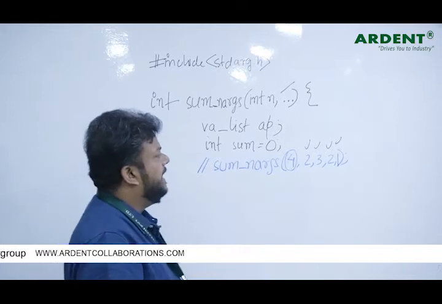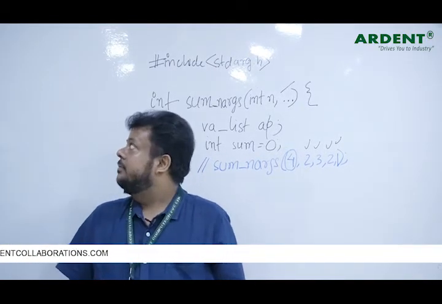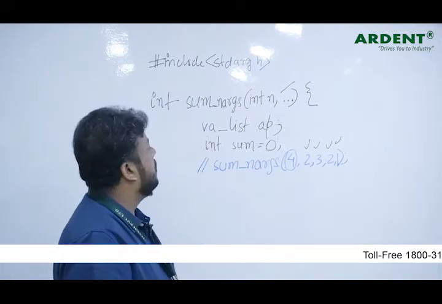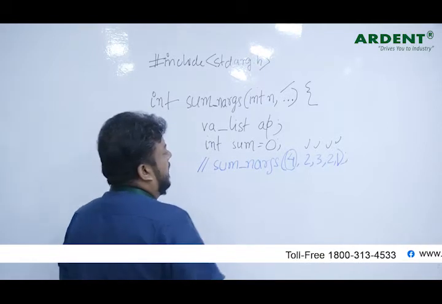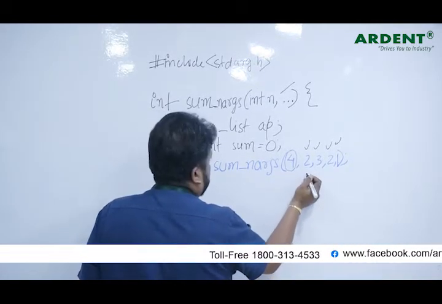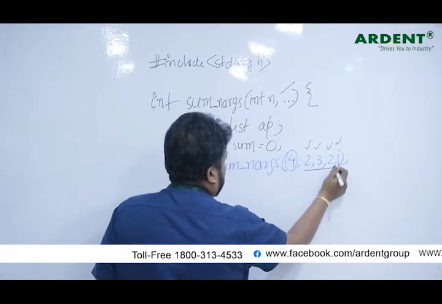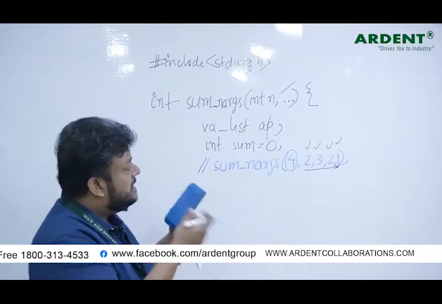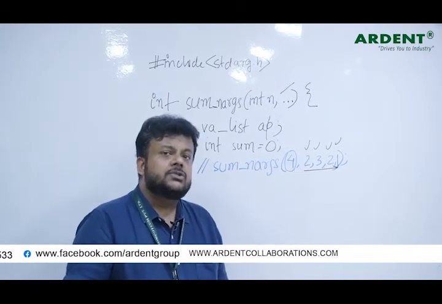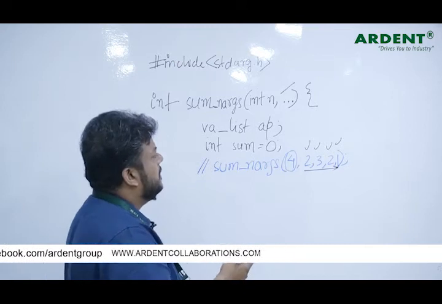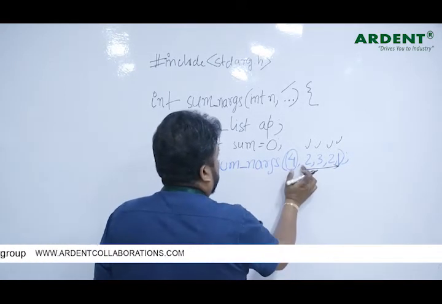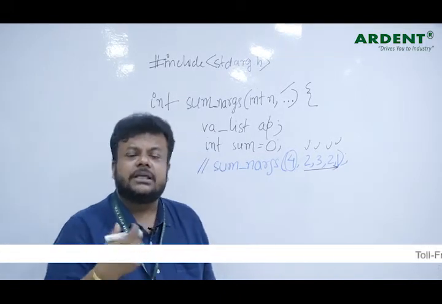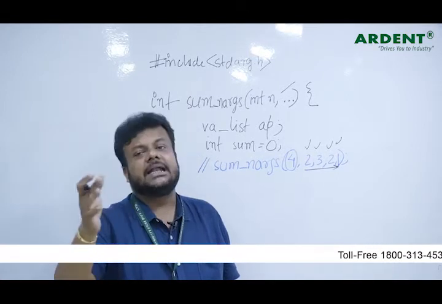To find the sum in the variable argument function, we have to start processing from here and keep on adding the numbers one after another. This is internally represented as a list. So we can assign a pointer to the beginning of the unnamed argument list and then retrieve each number one by one and keep on adding it.